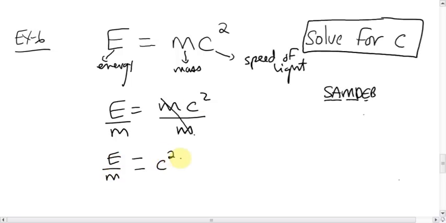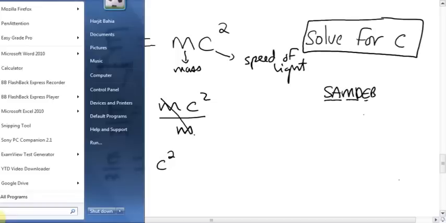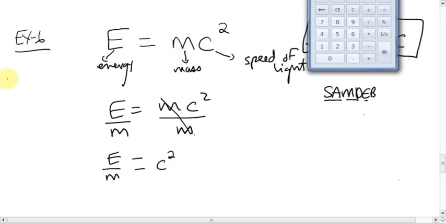We're not done. We want just plain old c, not c squared, plain c. There's a c squared here. How do we get rid of the squared? Well, like we always do, to get rid of something, we do the opposite. What's the opposite of squaring? Do I have it on the calculator here? No, I don't.